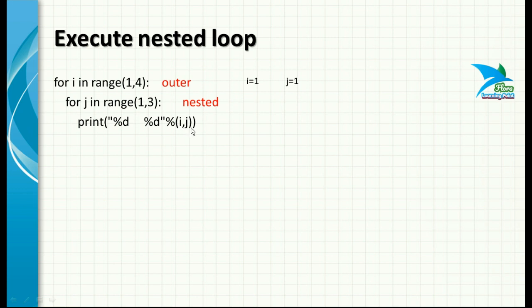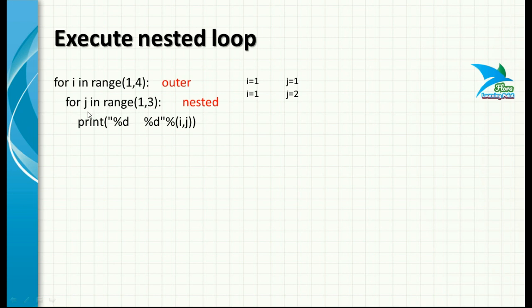So the value of I is the same, 1, and the value of j has been updated to 2. That means I will be 1 and j will be 2.